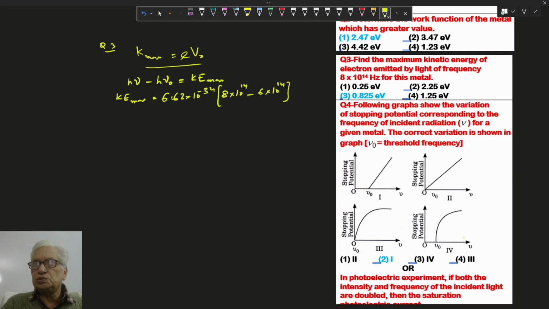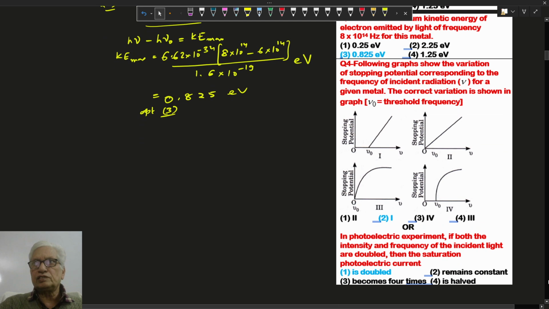It will be in joules. If we divide by 1.6 into 10 to the power minus 19, it will be in electron volt. By solving it, here it is coming 0.825 electron volt. So option 3 is correct.